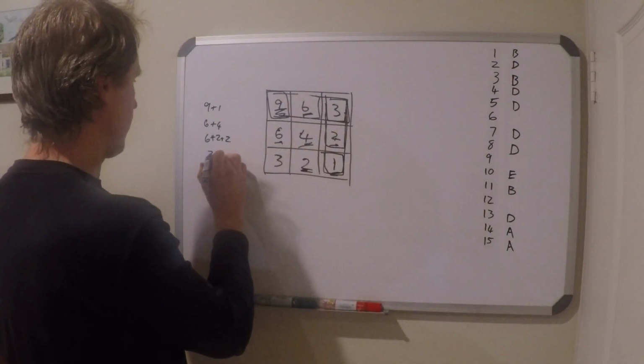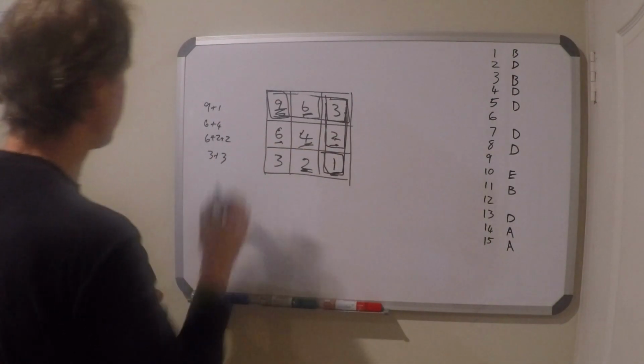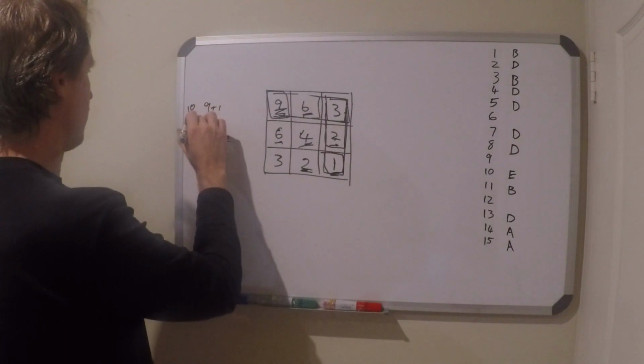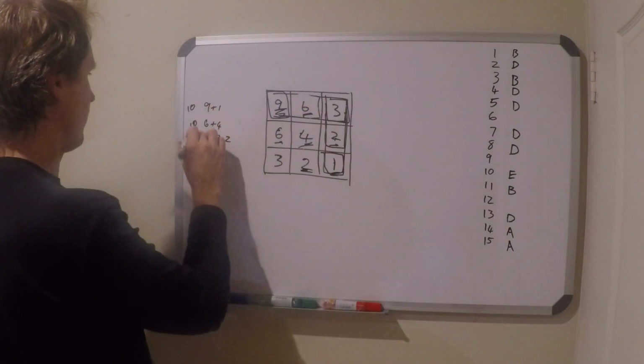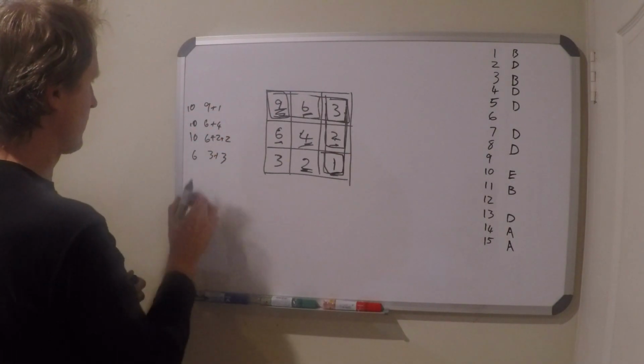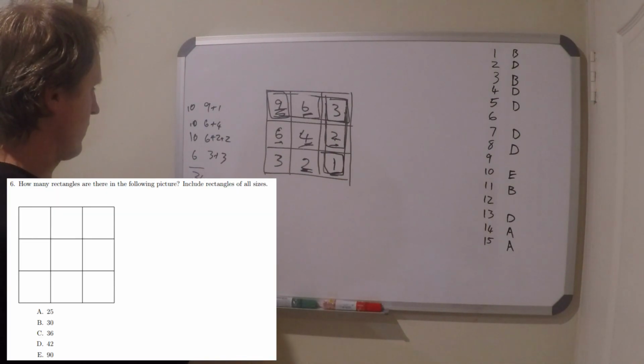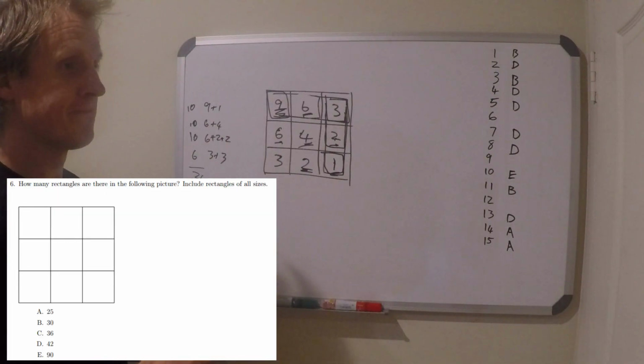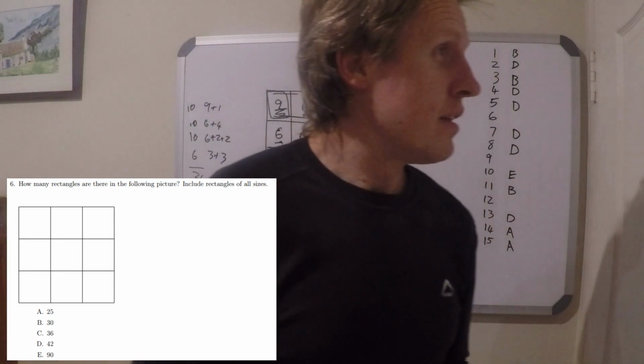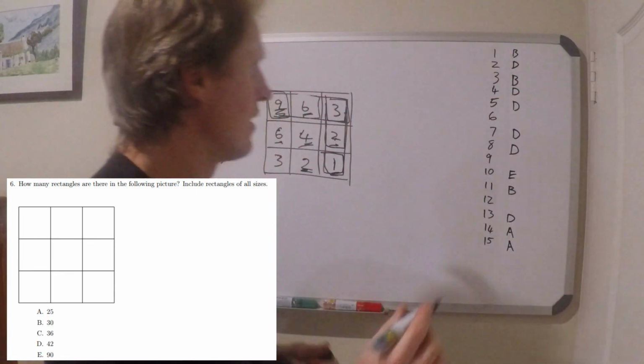And lastly, we've got 3 plus 3. Okay, so that's 10, 10, 10, 6. So the answer is 36. Let's see, so that is C.